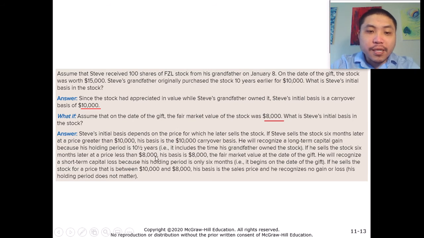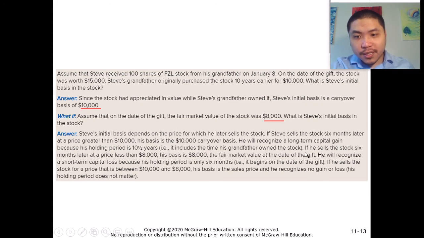Here's another thing I want you to pay attention to: when you receive a gift, the holding period of the donor also carries over to the donee, the receiver, if it is a gain.